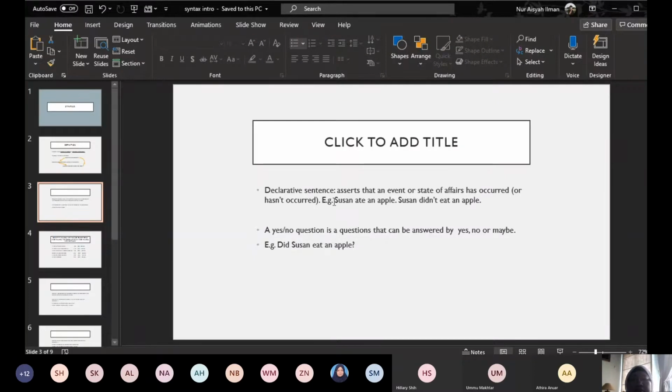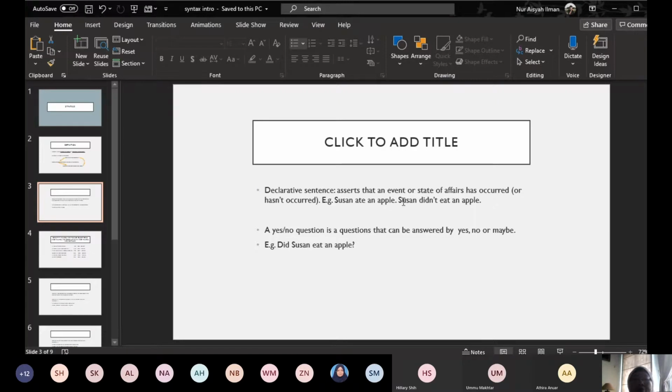So a declarative sentence actually asserts or confirms that an event or state of affairs has occurred or has not occurred. So for example, you can say Susan ate an apple. So you're talking about the event of Susan having eaten the apple.